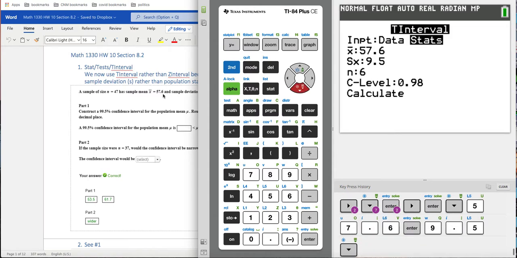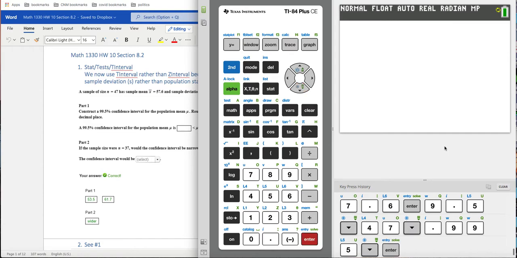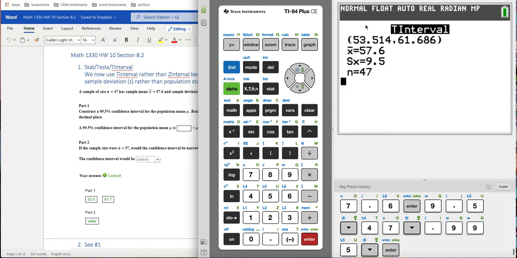And then sample size of 47 and 99.5 confidence level, so 0.995, and calculate. And so here's our interval, 53.514 to 61.686.